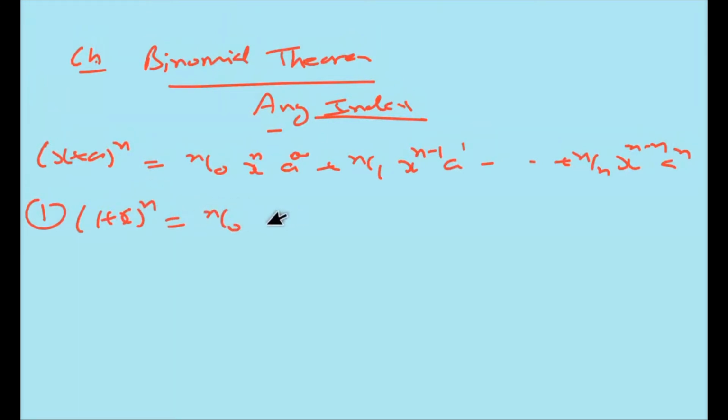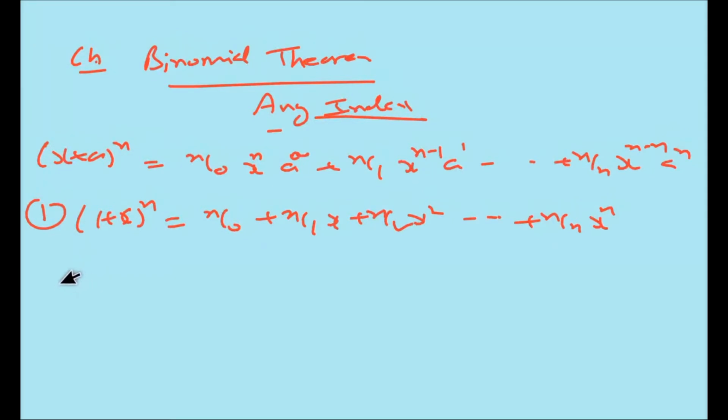Then we get nC0 + nC1 x + nC2 x^2 and so on, up to nCn x^n. So the first point is that in this expansion we want to find the coefficient value which is the maximum.